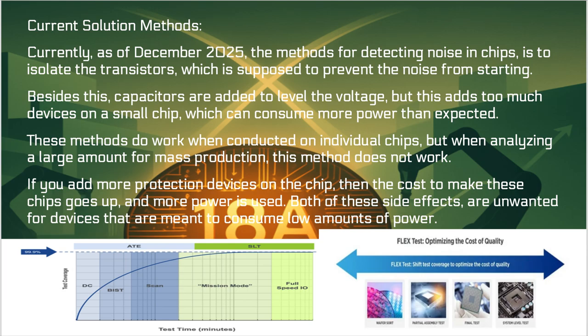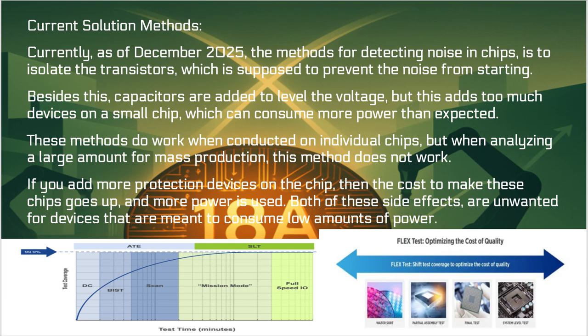So essentially, as a summary, if you add more protection to the devices on the chip, that refers to adding more devices like the capacitor and all that, it makes the cost to make these chips go up, and more power gets used, which is an unwanted side effect. And these methods do sometimes help out, but not always.